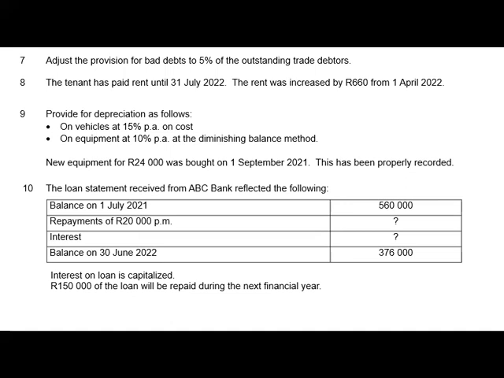And whatever we are going to get as the debtors control amount, we will take that and multiply it by 5%. That information, I can only get it in trade and other receivables. So I will go straight to my trade and other receivables, and I'll come back to this.